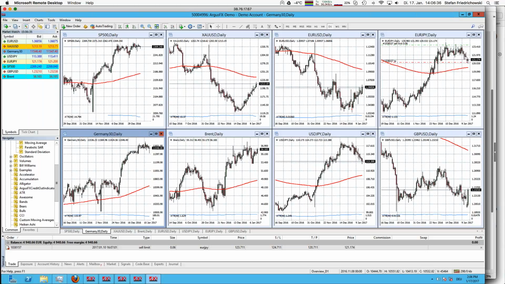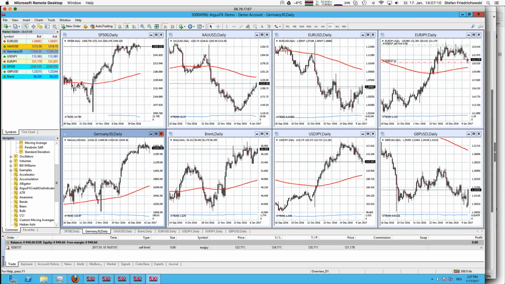Then we have 2 so-called commodities, and the 2 commodities we look for is one is gold with the symbol XAUUSD. So that is gold, and the other commodity is oil, and we use the type Brent for our trading activities. And finally, we have 4 different forex pairs.